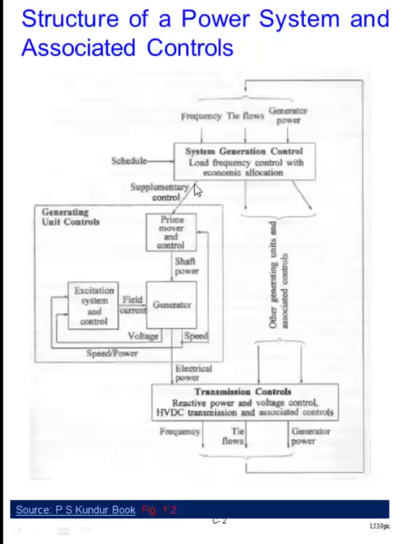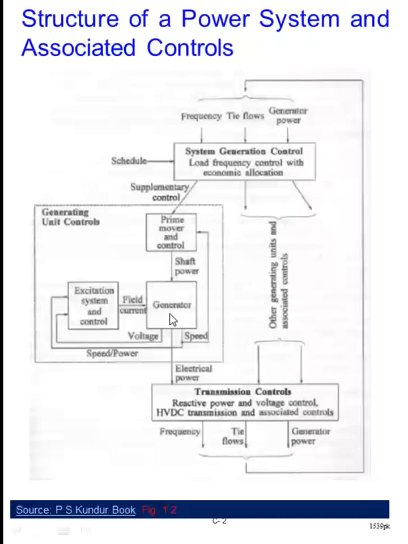This is actually referred to as the secondary level, or in some cases supplementary control. So you can see here that this supplementary control is on the governor, that is, on the turbine, you can say. So that means in the turbine control loop, one is this one.